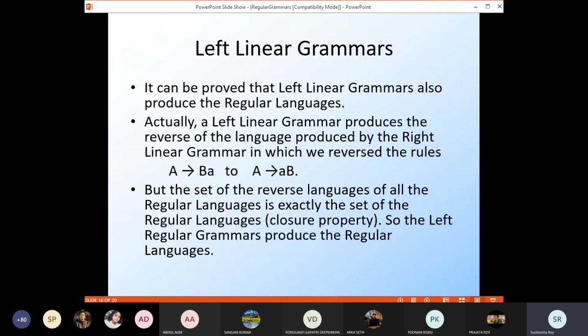Just keep it right linear grammar and show that different right linear grammars are possible for a given regular language. Okay, so will you do it? Yes, ma'am. If any of you sends me a scan of how you work it out, I'll be extremely happy. I'm not making it mandatory, but I'll expect it from you.